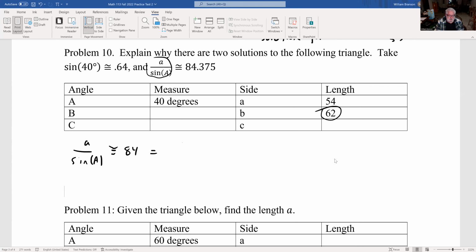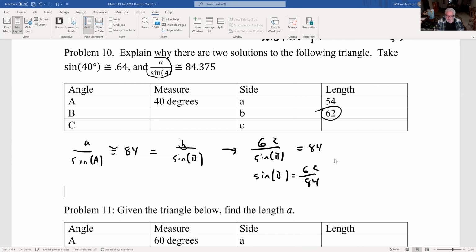That means length B over sine B is about 84. So 62 over sine of B equals 84, because B is equal to 62. So solving this equation for sine B gives me 62 over 84.